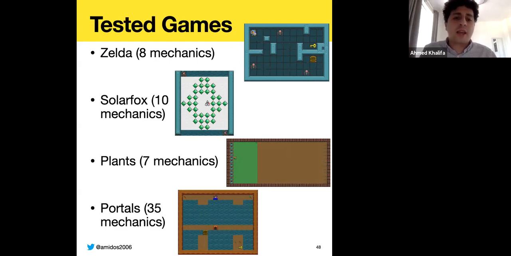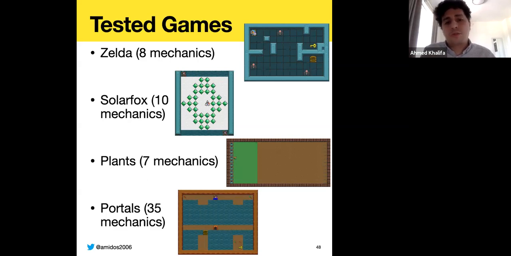And there's a game called Plants, which is inspired by Plants vs. Zombies, if someone knows about this game. You try to build these plants on the left side of the screen to avoid zombies coming from the right side to kill you. And the last one is called Portals, where you use these portals so you can traverse the game space easily. And it's inspired by the game Portal by Valve.